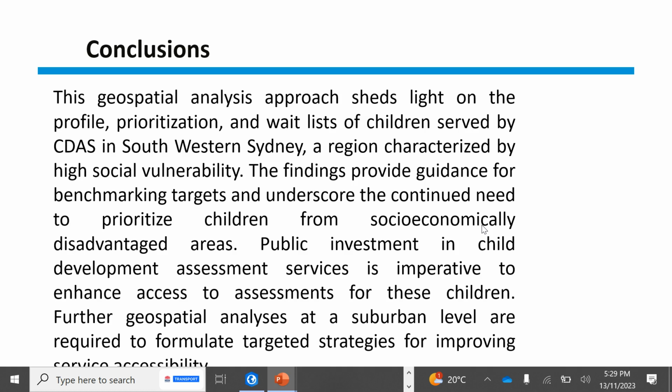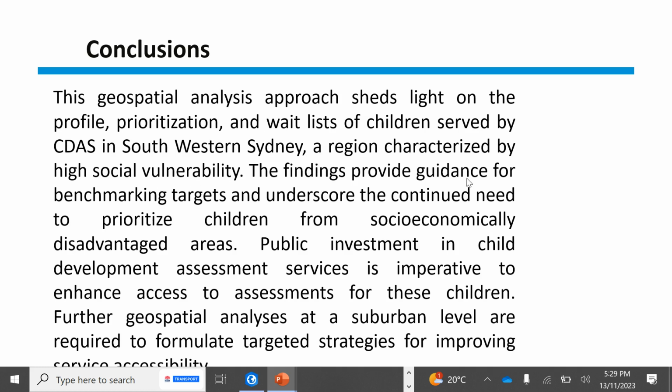So to keep within time, some initial conclusions. As said, this is very much early days of this research, and I will be very happy to present more on that maybe next year. This geospatial analysis approach sheds light on the profile, prioritization, and waitlist of children served by CDAS in southwestern Sydney, a region characterized by high social vulnerability.